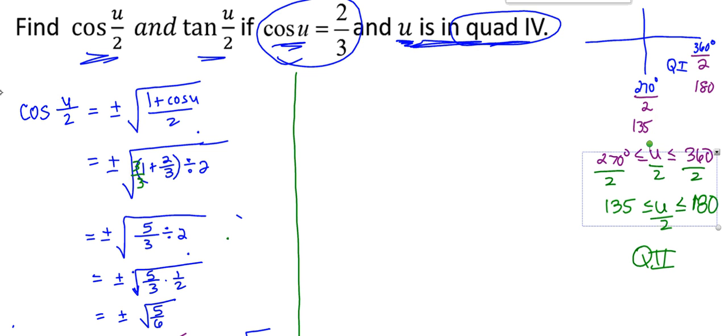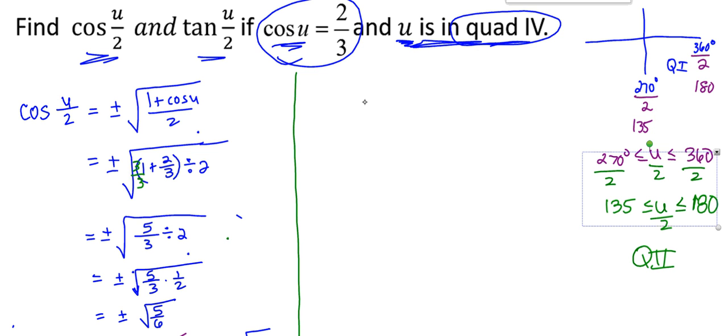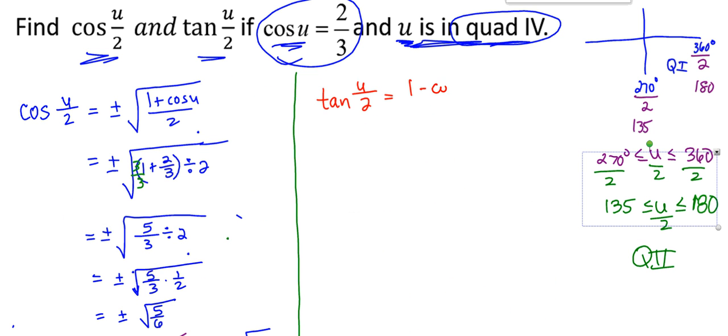All right, let's find tangent. This one should go quicker, hopefully. Easier formulas. So the tangent of u over 2, we're going to use the cosine-on-top formula: 1 minus cosine of u over the sine of u.